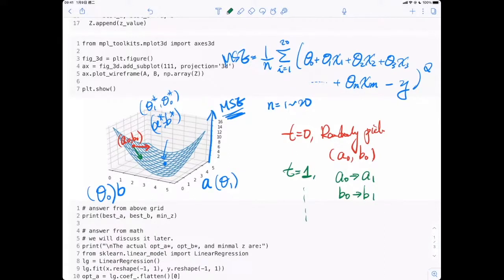So in this way, at time t0 you start from a random number, at time t1 you go to this value, and t2 go to this value, and so on. If you have enough time, you approach the optimized point. But at a certain moment, you have to look at it very carefully.